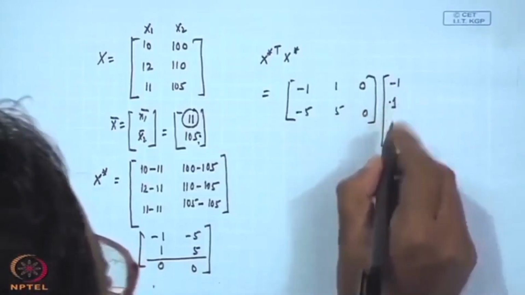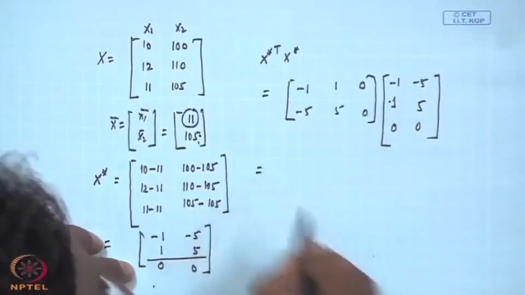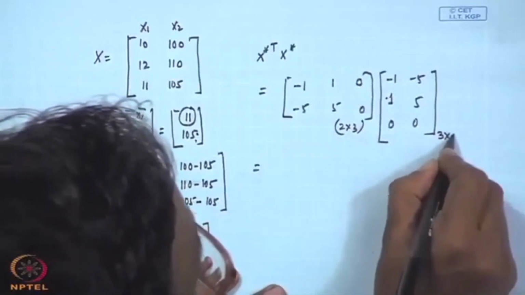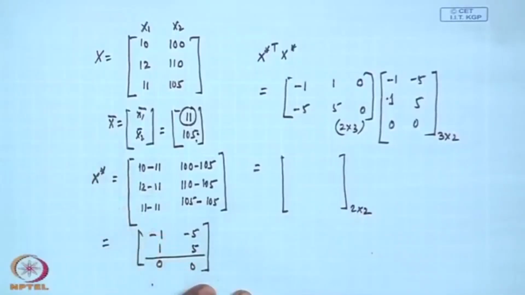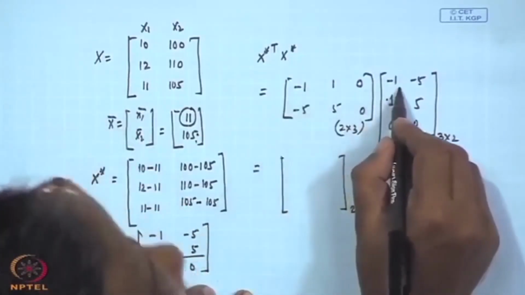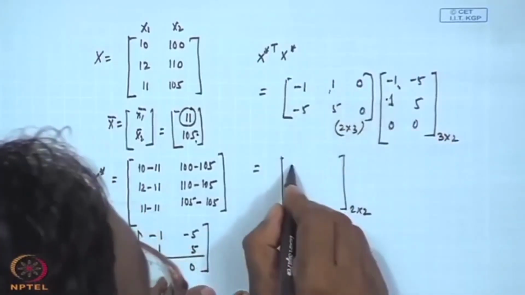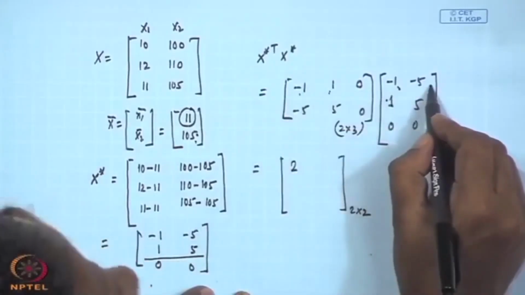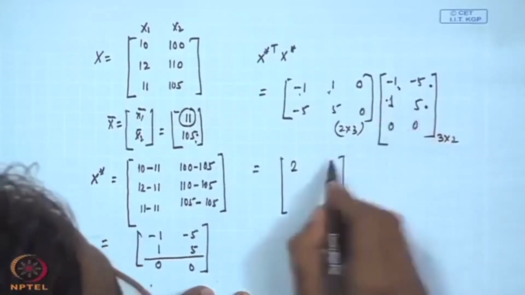This is a 2 cross 3 matrix and this one is 3 cross 2, so we get a 2 cross 2 matrix. The first element is minus 1 into minus 1, plus 1 into 1, plus 0, which is 2. The second is minus 1 into minus 5 plus 1 into 5, which is 10.